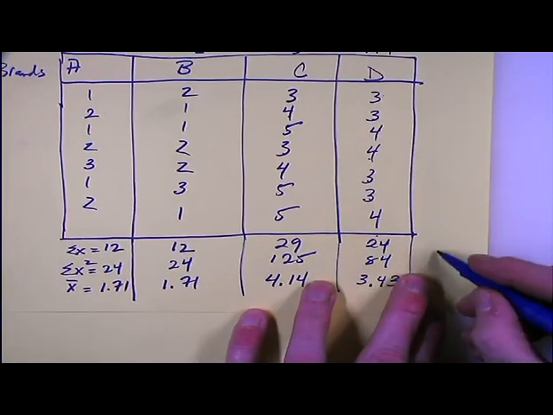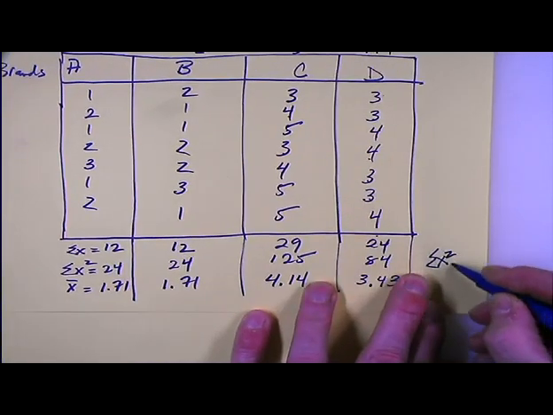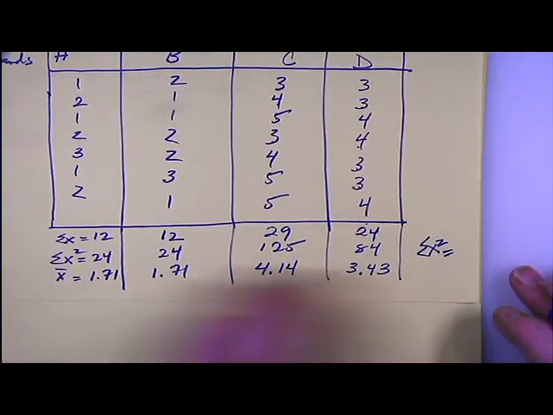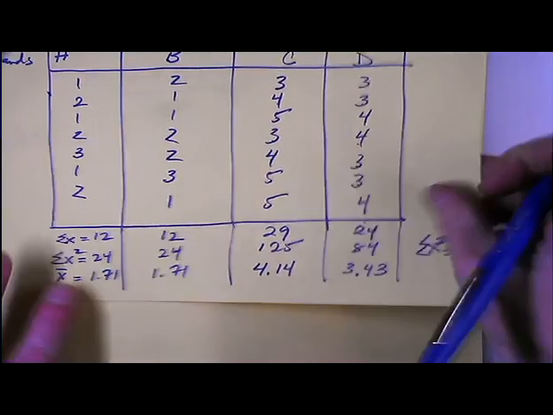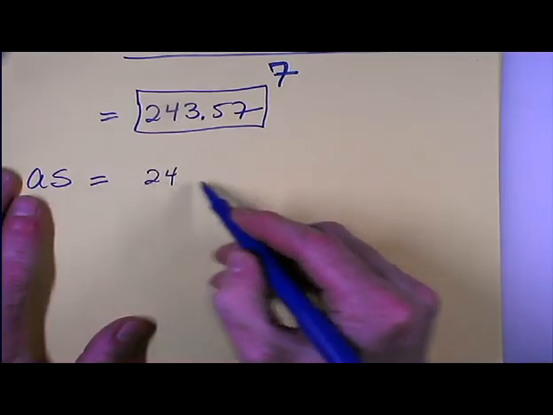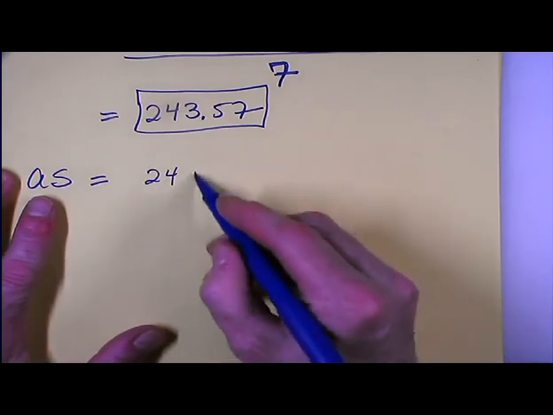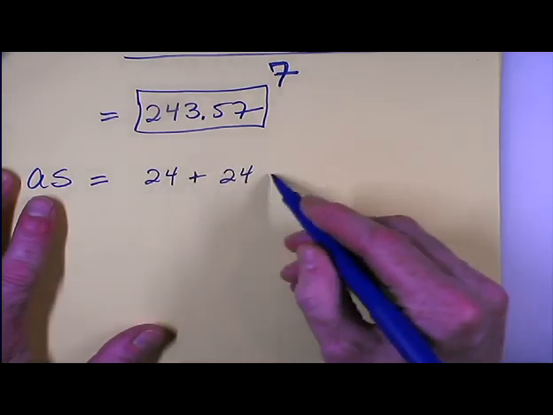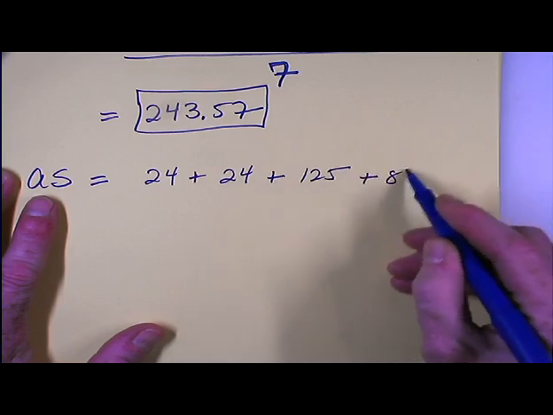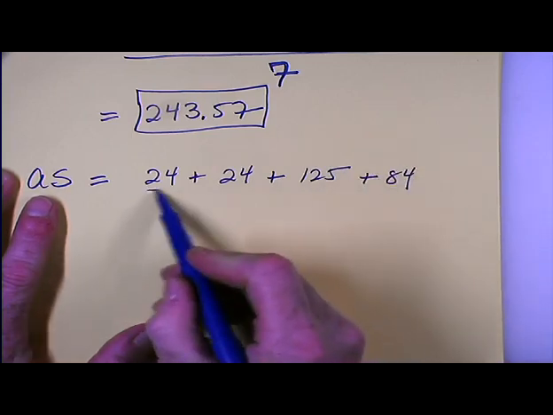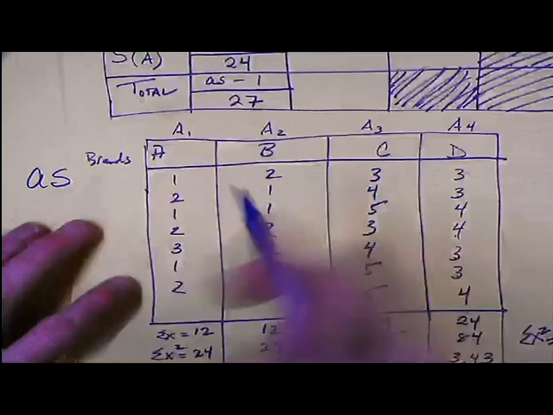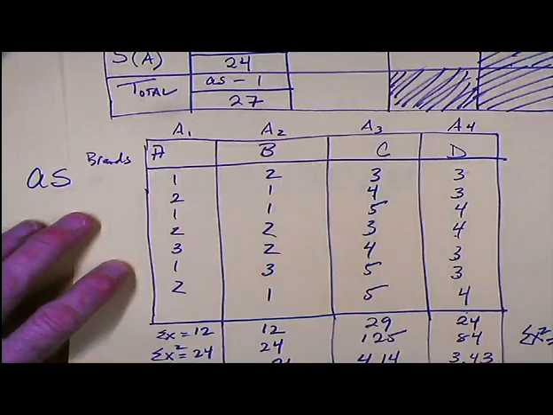So if you want to go the sum of the x squareds over here and just add these up, then that'll give you your AS term. So you can go 24 plus 24 plus 125 plus 84. And in theory, we're dividing by 1, because what does it take to get 1 squared plus and so on, right?